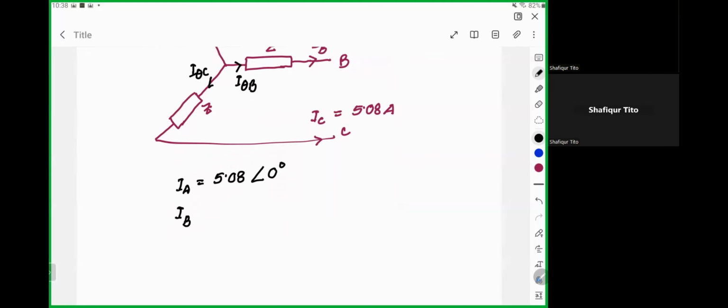I'm talking about the ABC sequence. So B will be the next quantity.